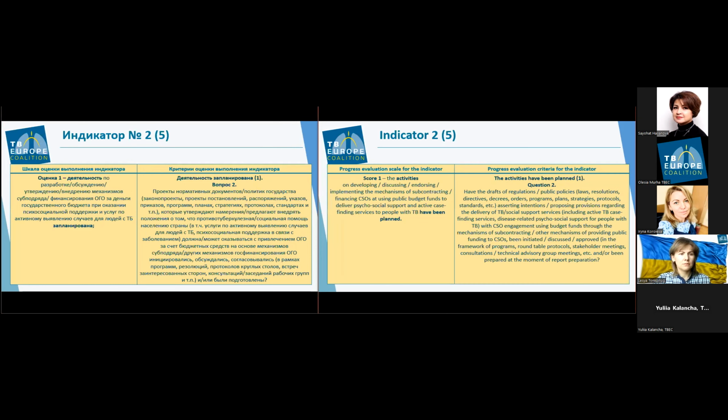And now we switch to the next slide. We see that score 1 shows that this activity has been planned. And if we evaluate it, we understand that the draft regulatory documents or policies or other programs are endorsing the intentions.